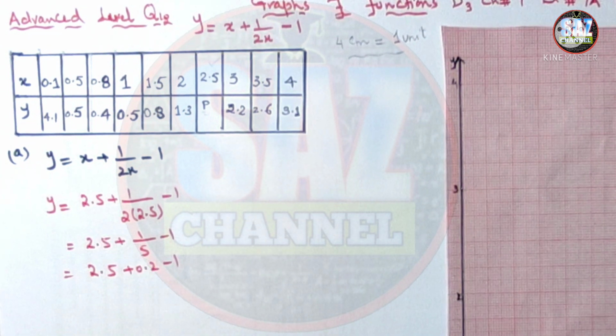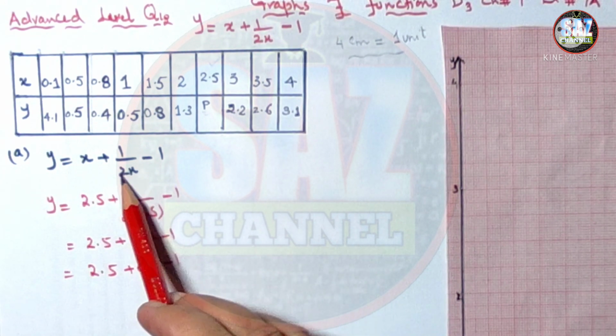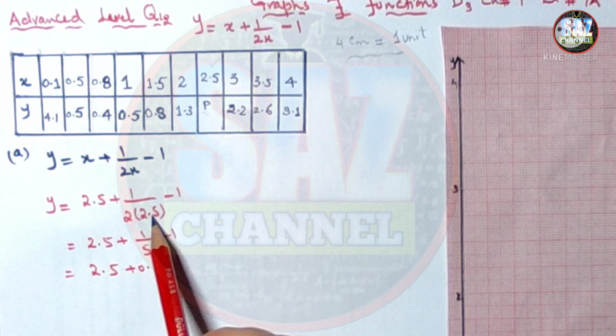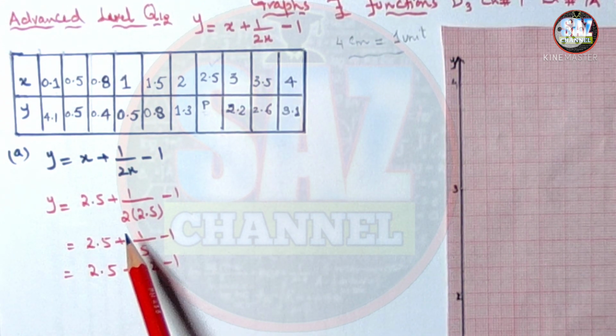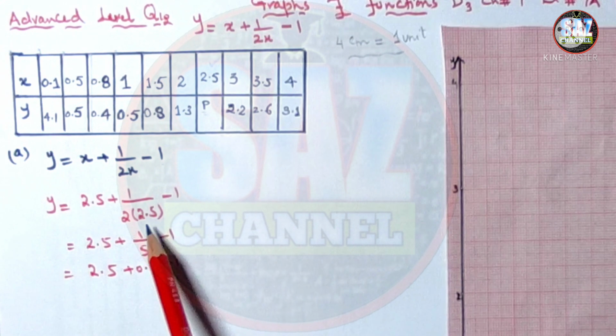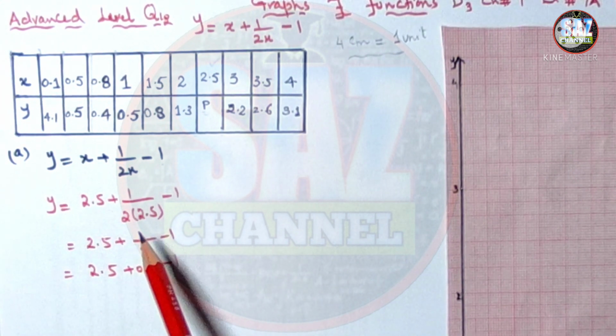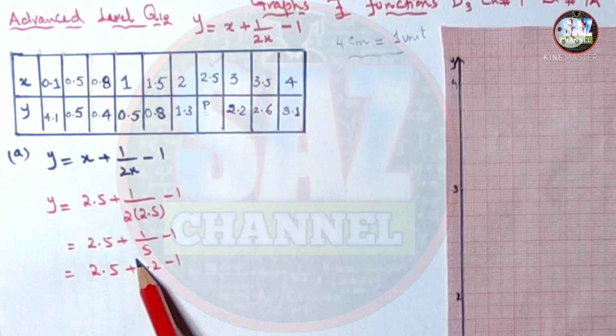Let me recheck my calculation before moving to the next part. This is 2x, and when I replace x by 2.5, 2 multiplied by 2.5 gives me 5, and 1 divided by 5 gives me 0.2.